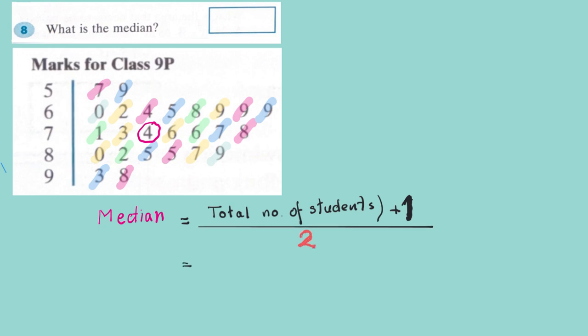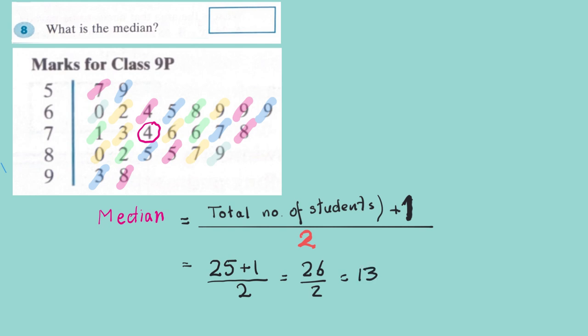And so we must count the number of students there were by counting the number of marks. 1, 2, 3, 4, 5, 6, 7, 8, 9, 10, 11, 12, 13, 14, 15, 16, 17, 18, 19, 20, 21, 22, 23, 24, 25. Plus 1 over 2 will give us 26 over 2, which means we get 13.